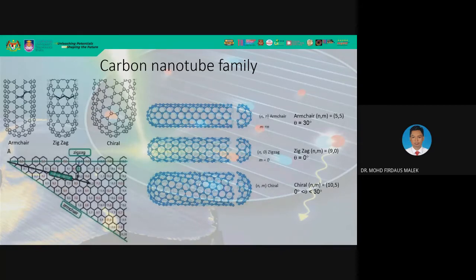So these semiconductor nanotubes could be useful in building smaller transistors used in integrated circuits for all kinds of electronic devices. Whichever electronic devices, we can use the zigzag and chiral forms.